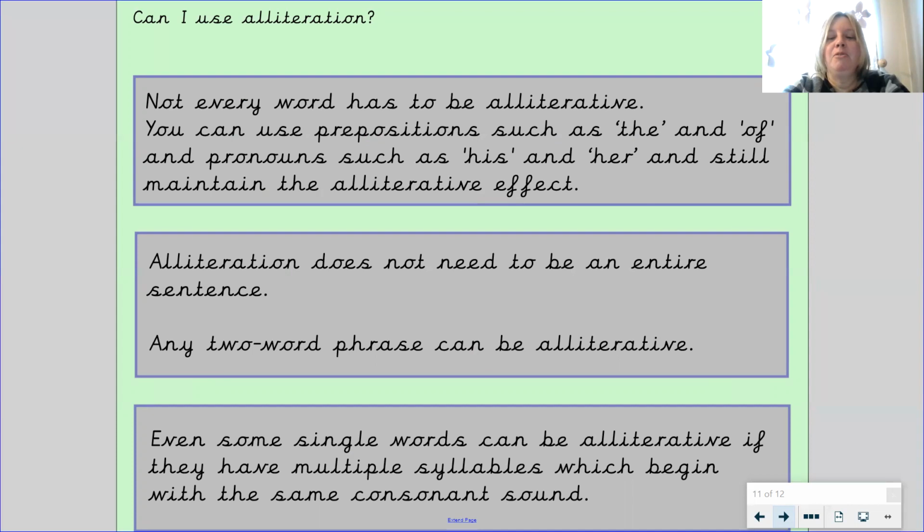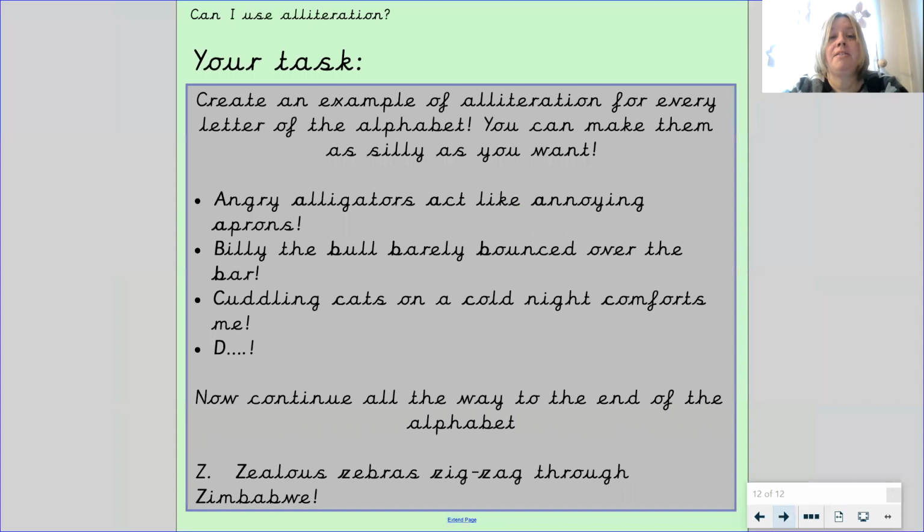Even some single words can be alliterative if they have multiple syllables which begin with the same sound. So not every word has to be alliterative. You can use prepositions such as the and of, and pronouns such as his and her. It can have two-word phrases, or it could even be a single word.